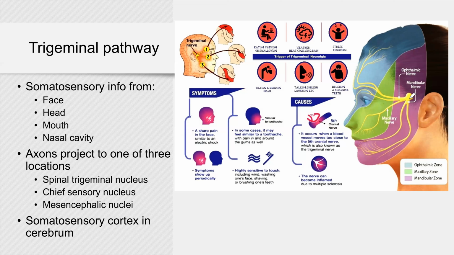So axons or nerves project to one of 3 locations: the spinal trigeminal nucleus, chief sensory nucleus, or mesencephalic nucleus. We're not going to look at these locations because you need to study the nervous system to understand where this area is located. But it goes to the somatosensory cortex in the cerebrum after that.